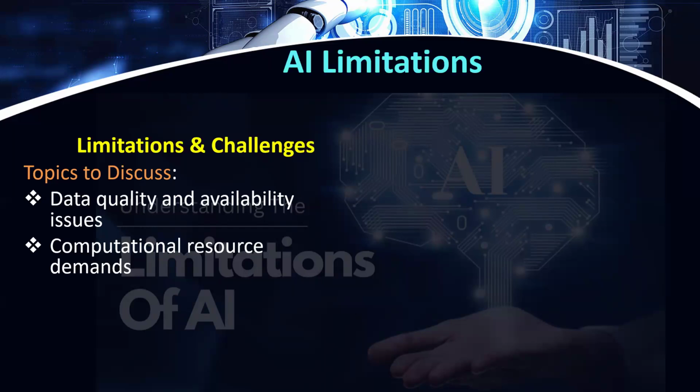Then computational resources demand. AI uses a lot of resources. Yes, AI uses a lot of computational resources. So it demands you to have a lot of processing power, computational power. AI will demand you to have what we call TPU. A TPU is a tensor processing unit, for processing tensor functions.